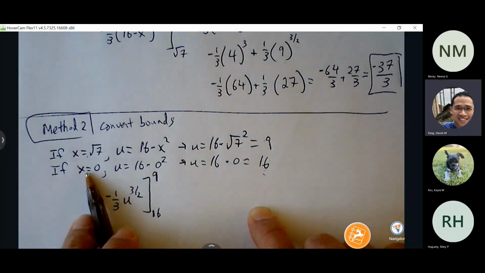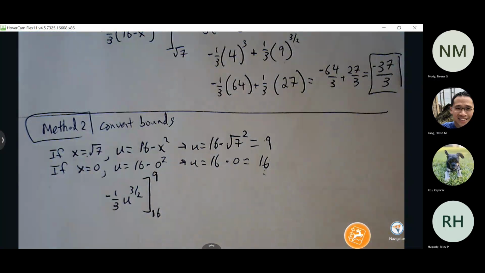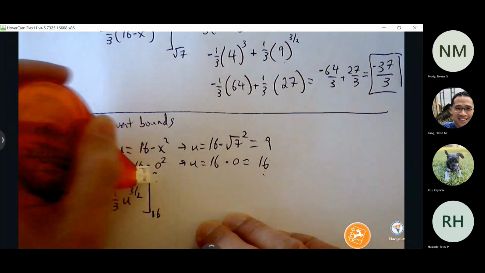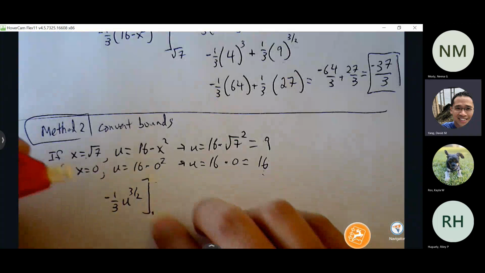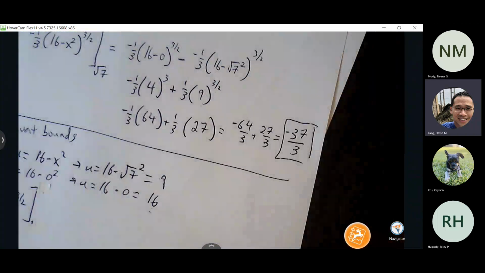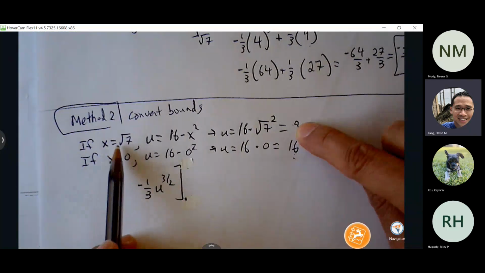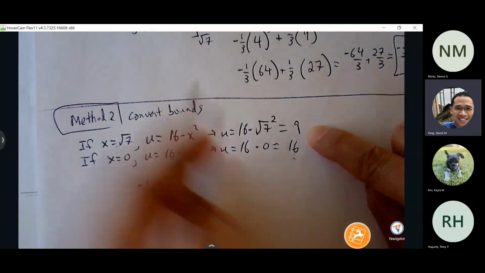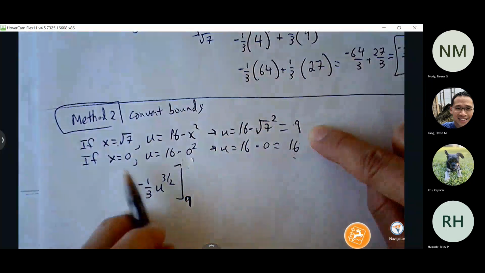Sorry, I've got these mixed up. Root 7 is a lower bound. So because root 7 is a lower bound, I'm just going to take whatever number I get in that spot. And 0 was the upper bound.